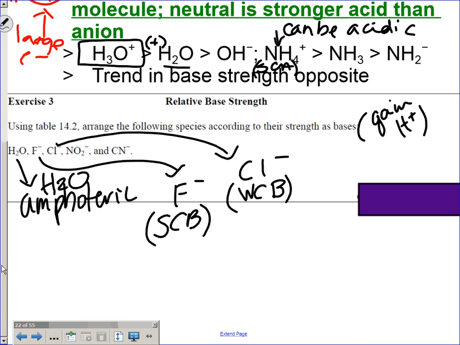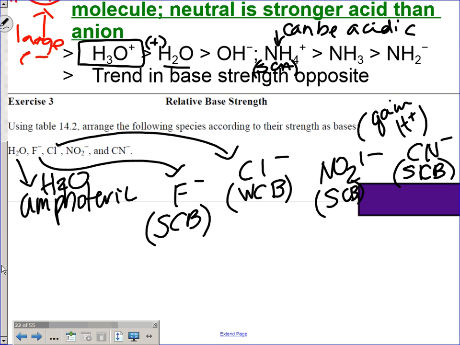Okay, NO2 minus is the conjugate base of a weak acid, so it's a strong conjugate base, yes? Because it's the conjugate base of a weak acid. And then lastly, CN minus, it is the conjugate base of a weak acid, so it's also a strong conjugate base.